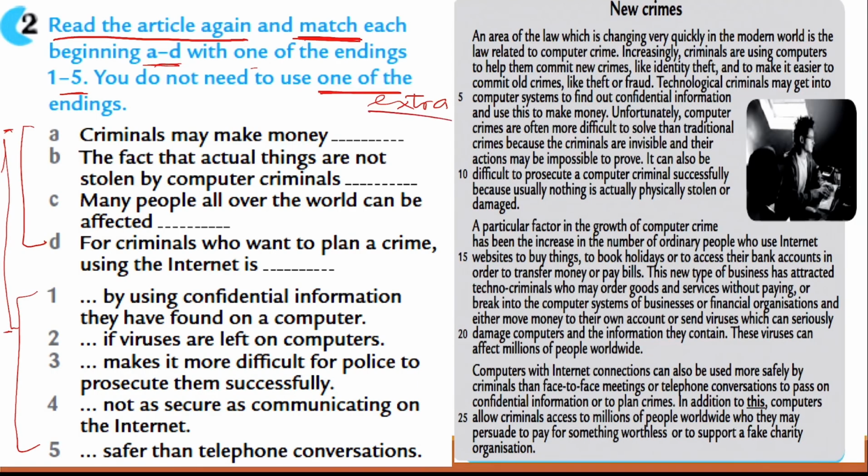Because I have A, B, C, D, this is 4, and we have 1, 2, 3, 4, 5, so we have one extra. Now, to complete this, you need to read again quickly. So let's see, for example, criminals may make money.